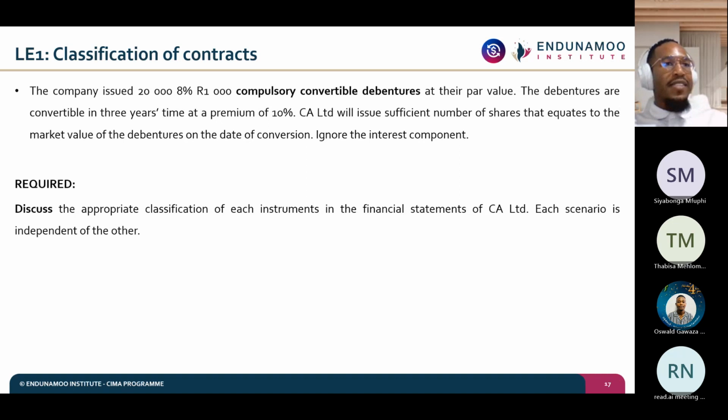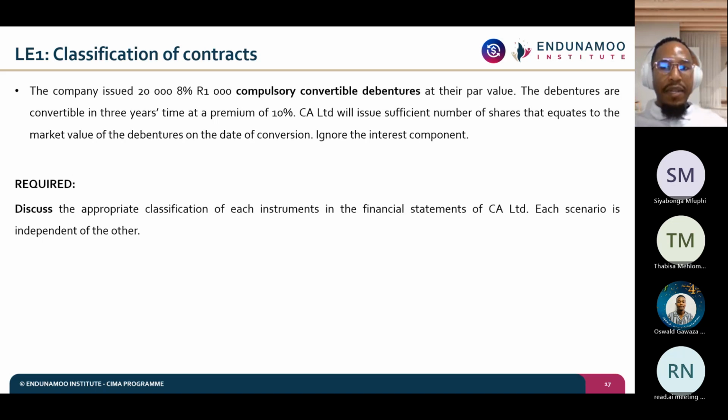If the share price is, for argument's sake, 10 Rand per share, then the entity will have to issue a certain number of shares to get to 11,000. If the share price is 100 Rand a share, the number of shares that are issued will vary to meet the obligation being 11,000.